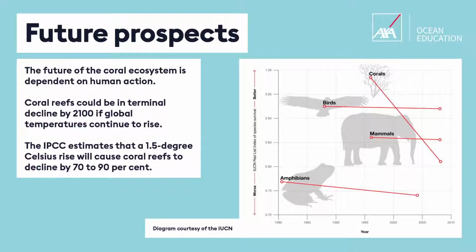But when we talk about ecosystems, we don't necessarily have this straight line with reefs around the world. Students may think about the Great Barrier Reef, perhaps the most iconic reef system on the planet, and that's experienced ups and downs over the past 25 years.